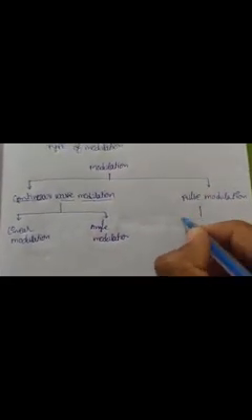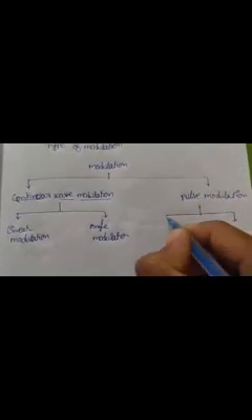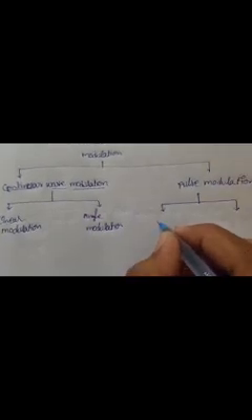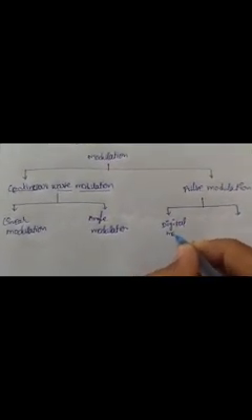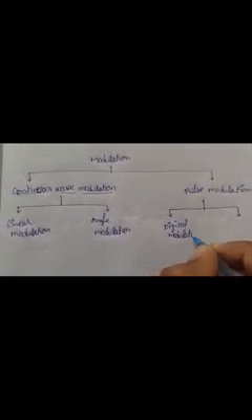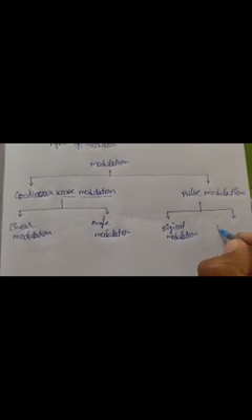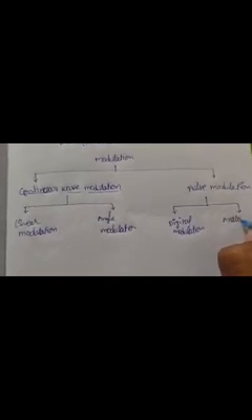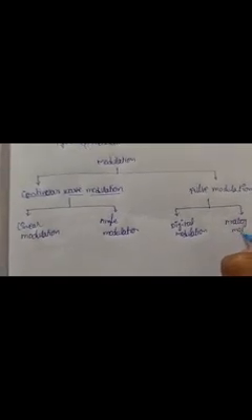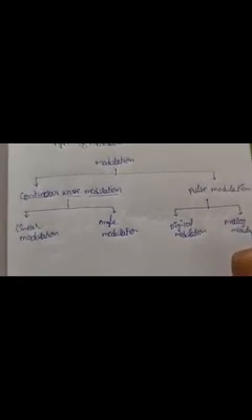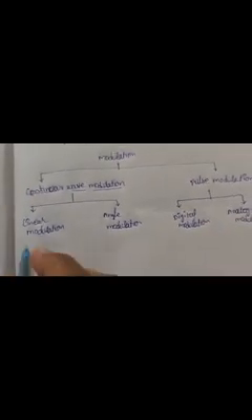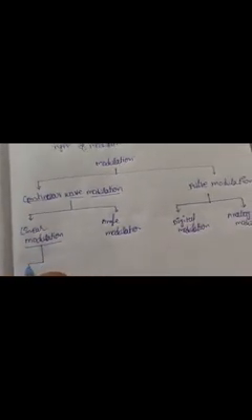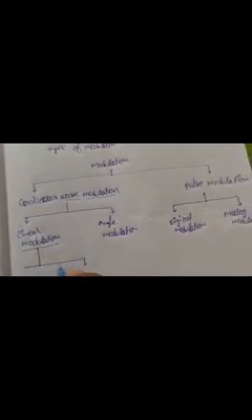This pulse modulation is also classified into two types. One is digital modulation and another one is analog modulation. This linear modulation is classified into four types.